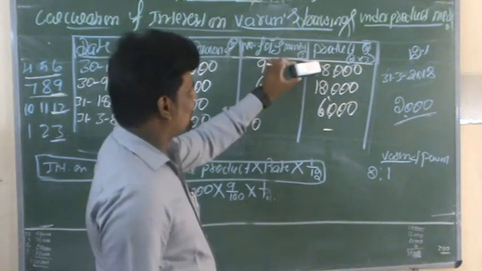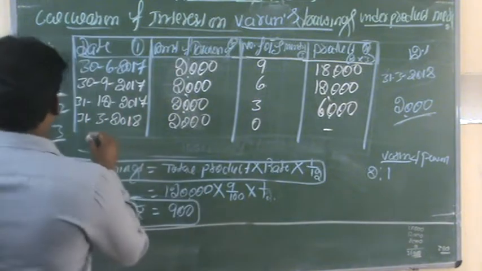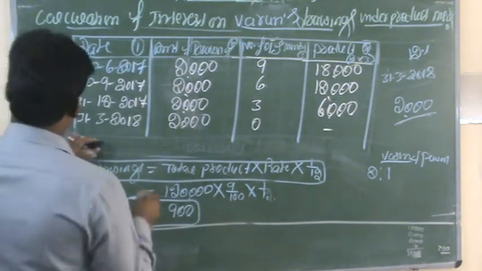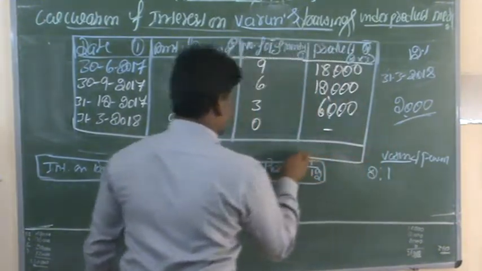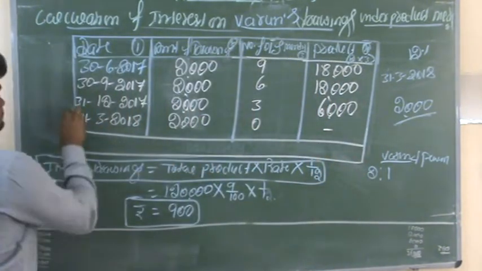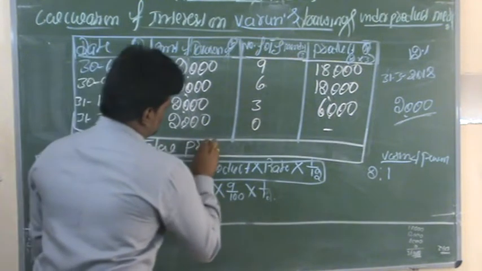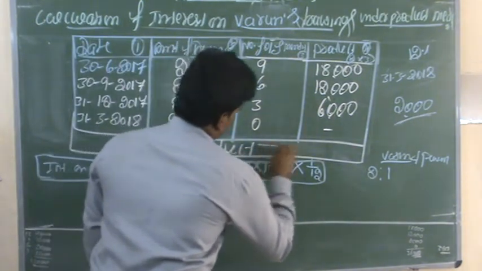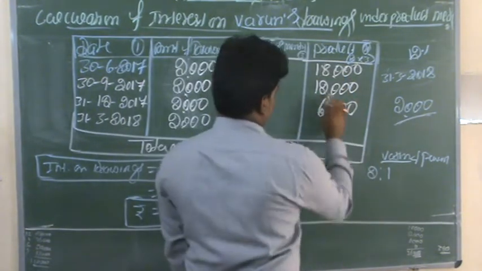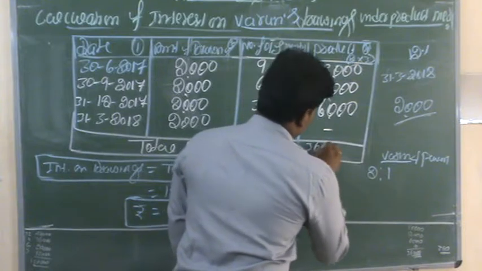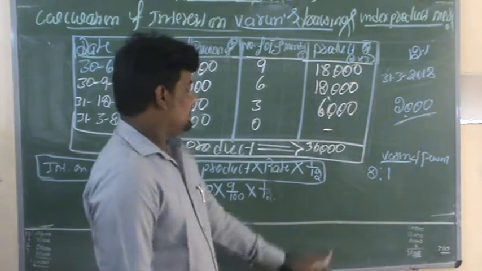Make it total: 18,000 plus 12,000 plus 6,000. This is my total product. You will get 36,000.